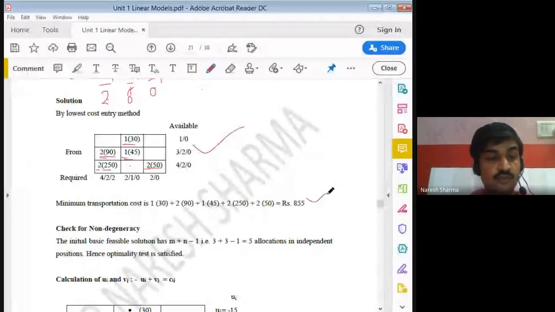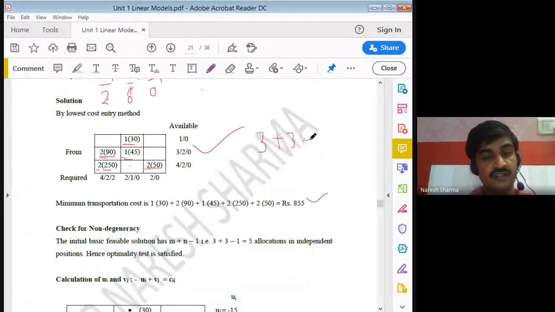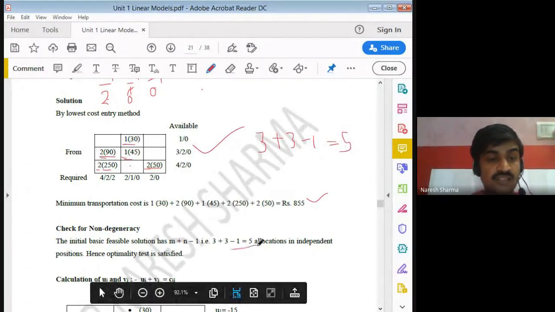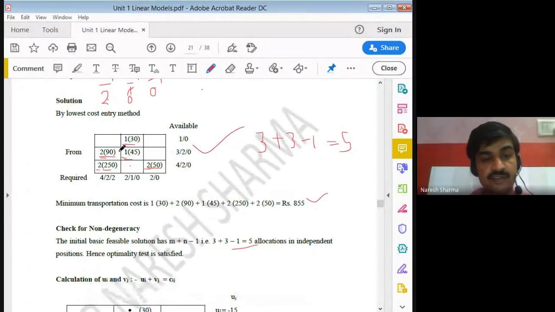After that, you can go to check here. If we have 3 rows and 3 columns, then rows plus columns minus 1 should be the number of allocations in the solution, that is 5. So it is 5 here. Yes, 1, 2, 3, 4, 5. Also, these are independent. You can try to close the path: start from this, close, we can't move here.